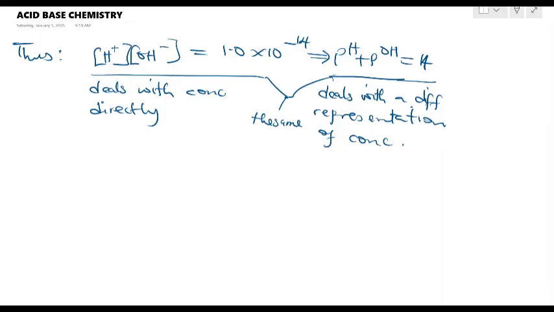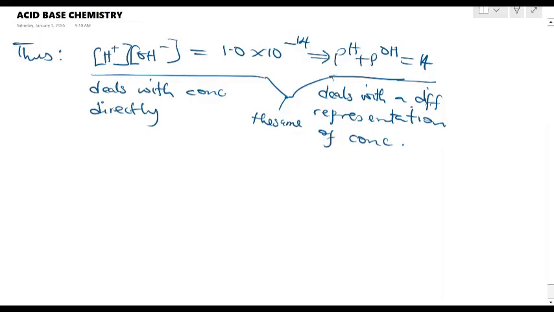Remember, this is the equilibrium constant of the hydrogen ion and hydroxide ion concentrations from the dissociation of water. The pH, which is the negative logarithm of hydrogen ion concentration, plus pOH, which is the negative logarithm of hydroxide ion concentration, is also equal to 14.